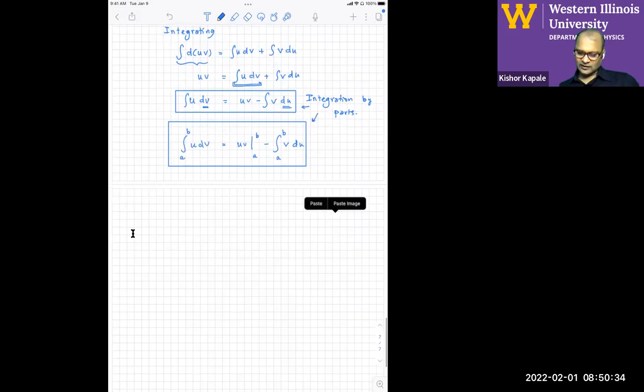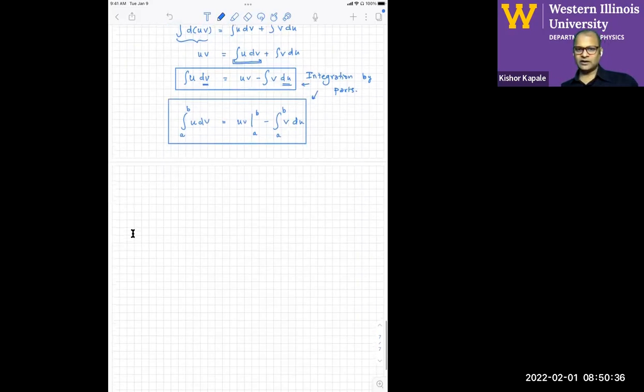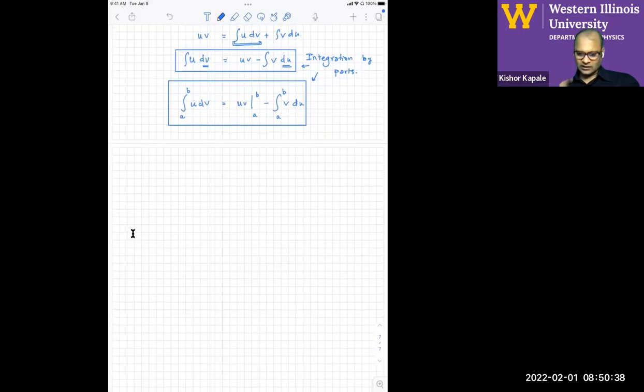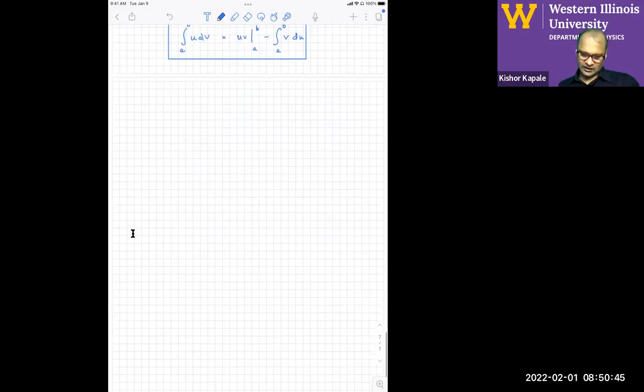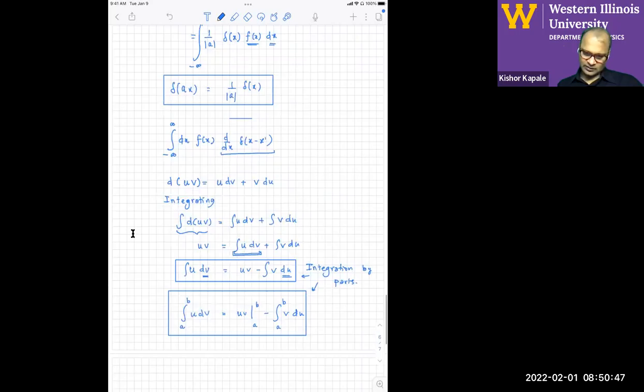Both of these are perfectly fine, depending on whether you have a definite integral or an indefinite integral. Okay, so let's apply this idea to this integral that involves a derivative of the delta function. So let me just copy this again.